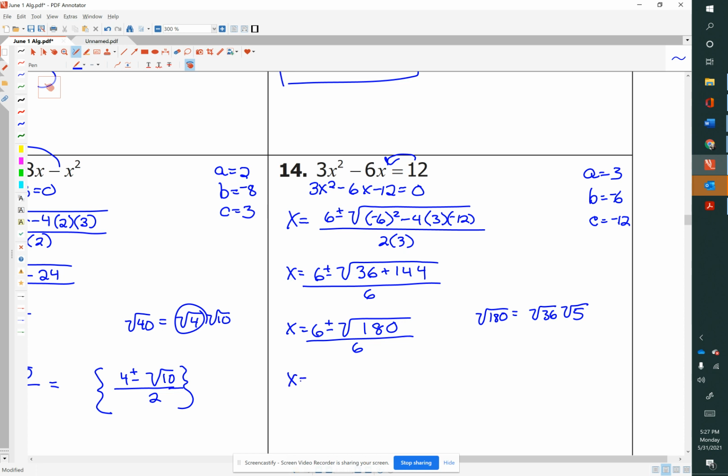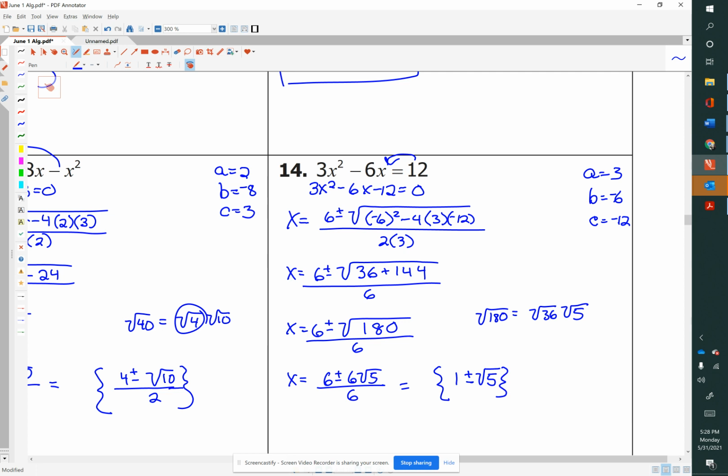So x equals 6 plus or minus 6 times the square root of 5, divided by 6, which we can simplify nicely to 1 plus or minus the square root of 5.